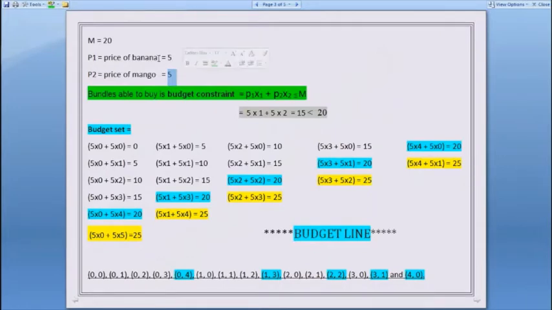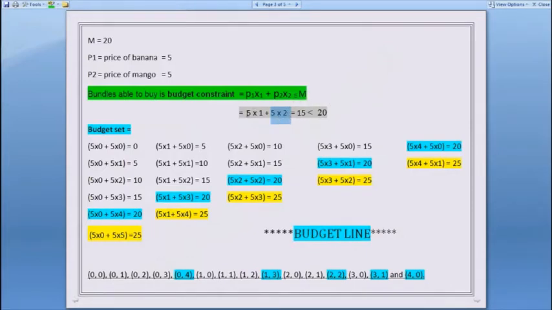So you have to choose how many mangoes and how many bananas to buy given your money income of 20. If the price of bananas is 5 and you want to buy one banana, and the price of mangoes is 5 and you want to buy 2 mangoes, then P1X1 is 5 rupees spent on bananas, and P2X2 is 10 rupees spent on mangoes because you buy 2 mangoes at 5 each.